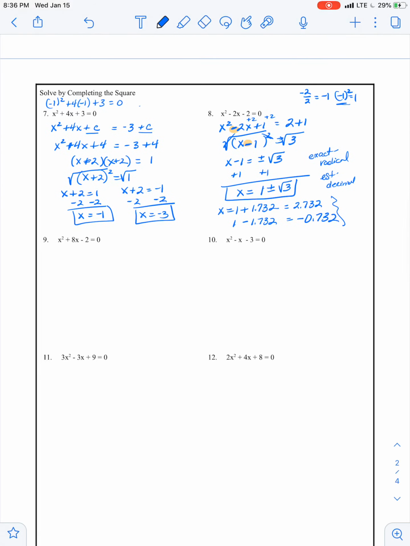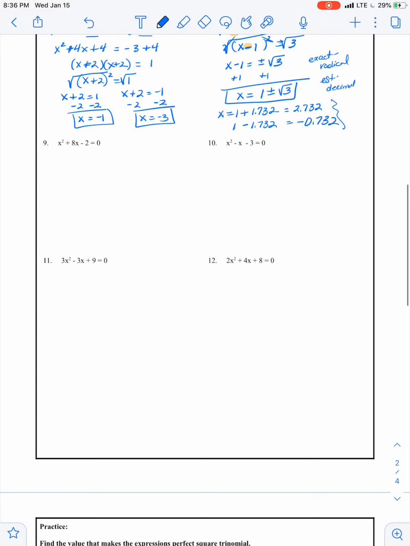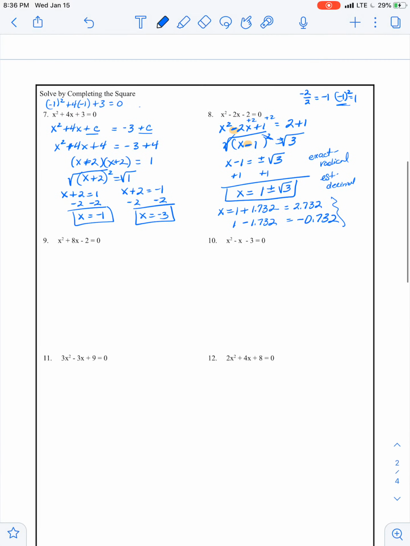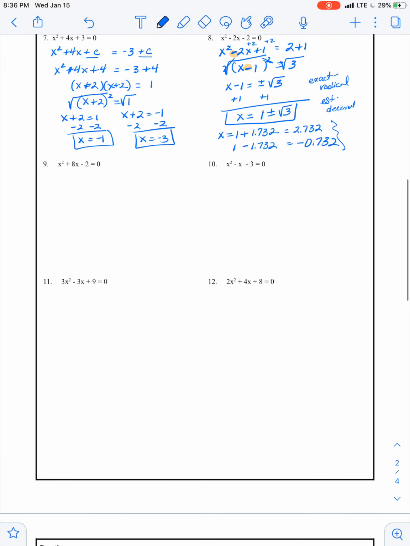Let's try another one. So again, the first thing to do is move the c over. Okay, I am going to divide the 8 by 2, that's 4.